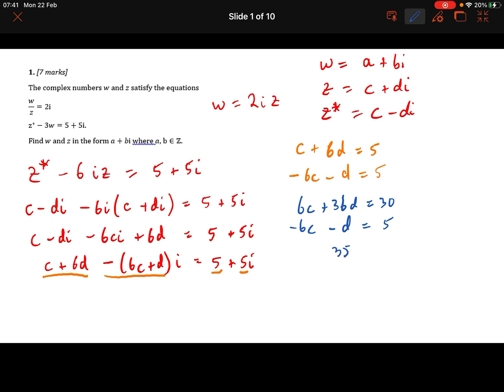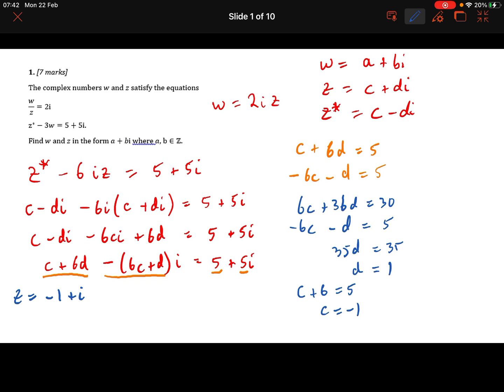Adding them, we get 35d equals 35, so d must be equal to 1. If d is equal to 1, then c plus 6 equals 5, so c is equal to negative 1. So we can now show that Z is equal to minus 1 plus i.